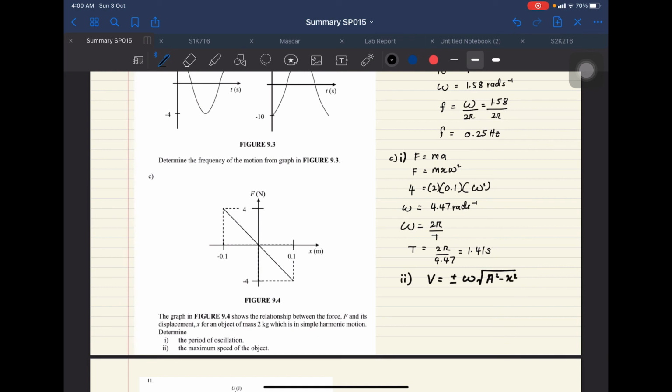Since we are talking about the maximum v, then x equals 0, and you're left with v max equals omega A, which is equal to 4.47 multiplied by the amplitude, which is 0.1. So basically divide by 10.